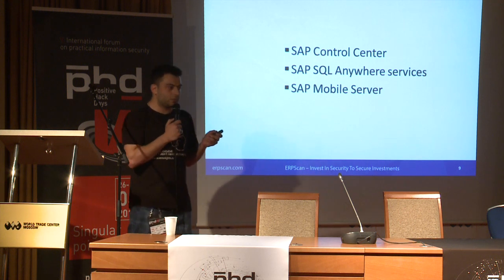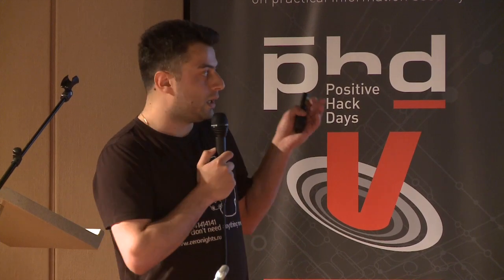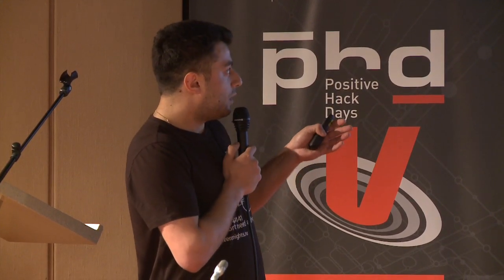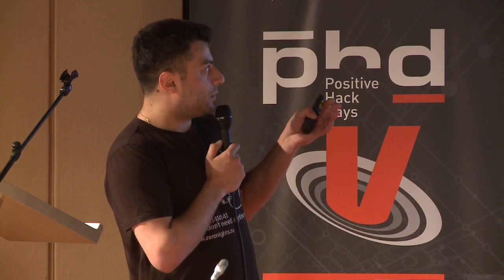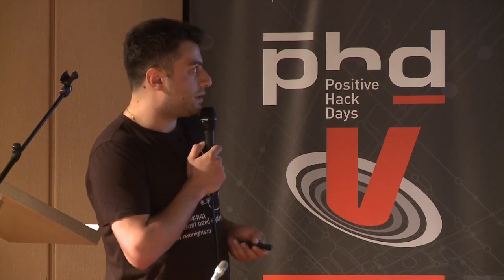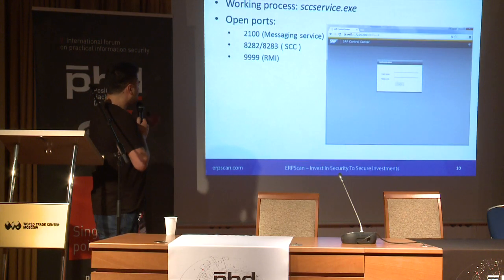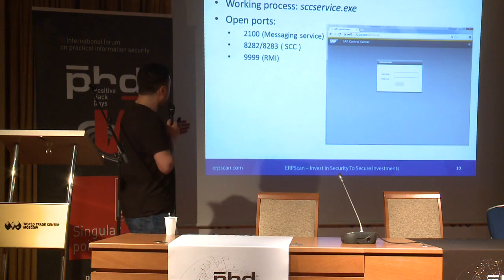The SAP platform consists of 3 main services. The first is SAP Control Center, a portal which is used by the admin to control the SAP Mobile Platform. The working process is the SCC service, which has 4 main ports.